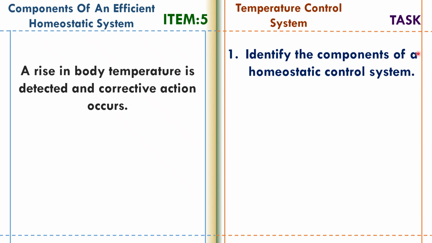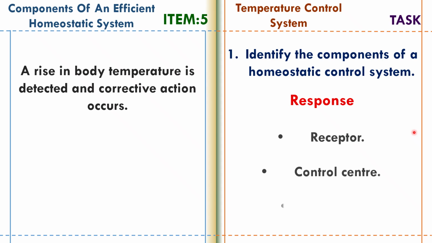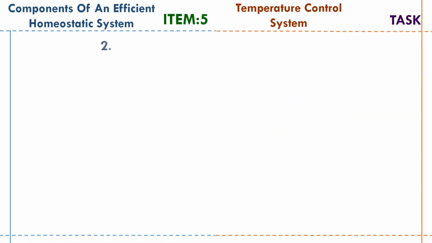Identify the components of a homeostatic control system. They are receptors, control center, and effectors. State the role of each component.